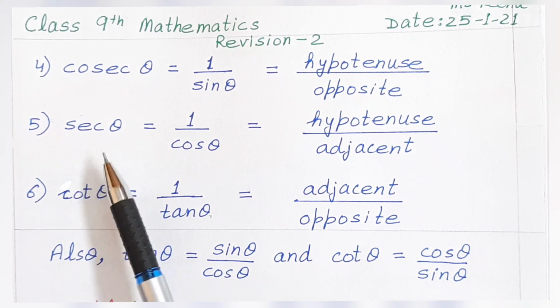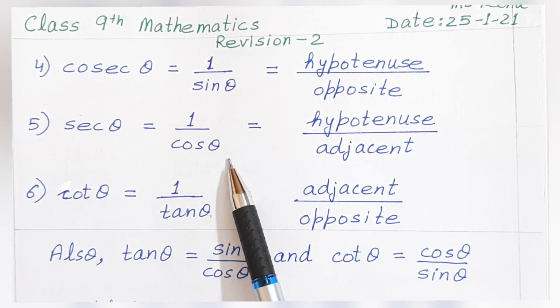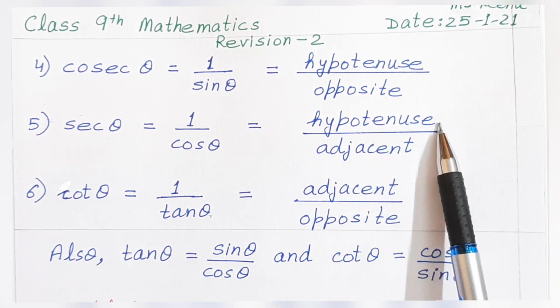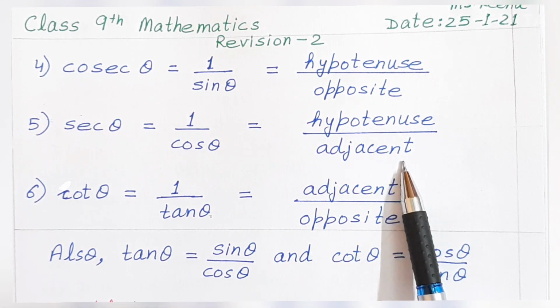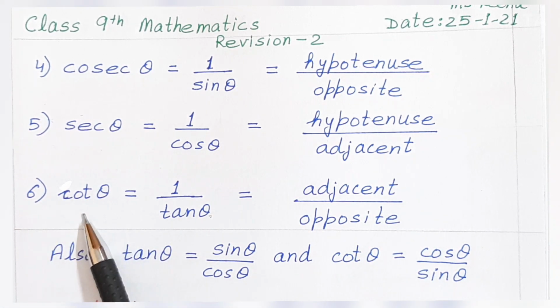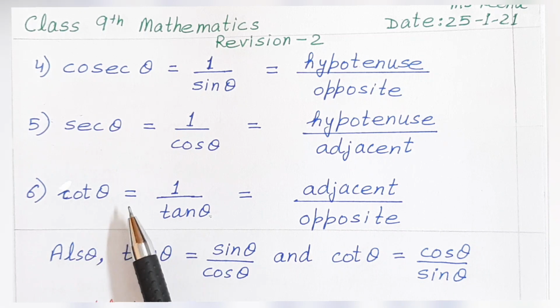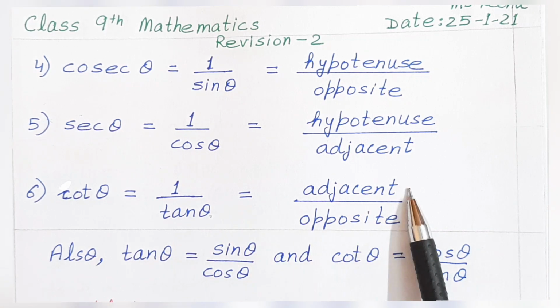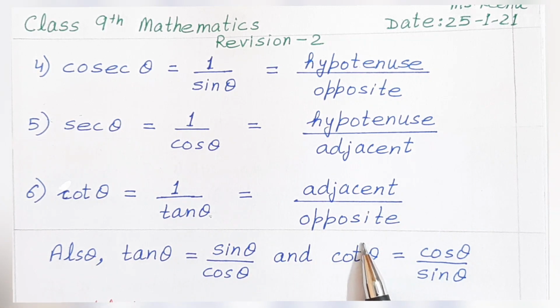Secant theta is 1 upon cos theta, so that is equal to hypotenuse upon adjacent side. Now the last one is cot theta, or you can say cotangent theta. That is equal to 1 upon tangent theta, that is adjacent side upon opposite side.